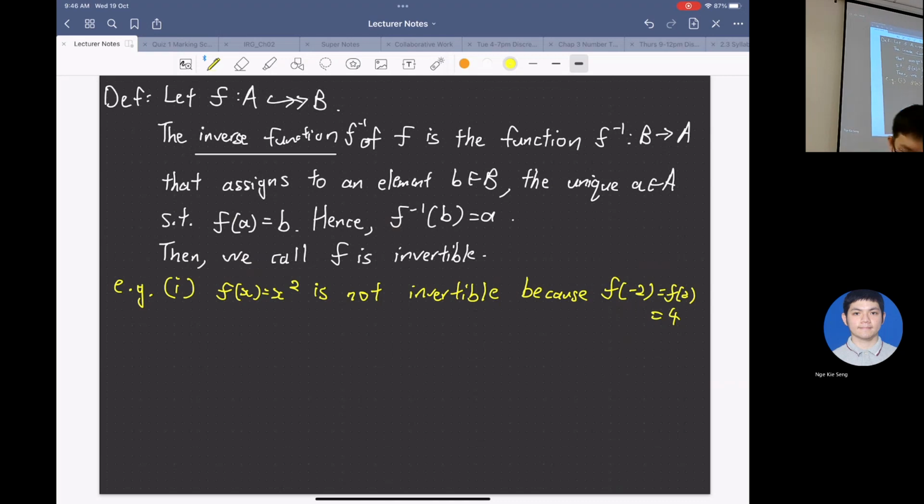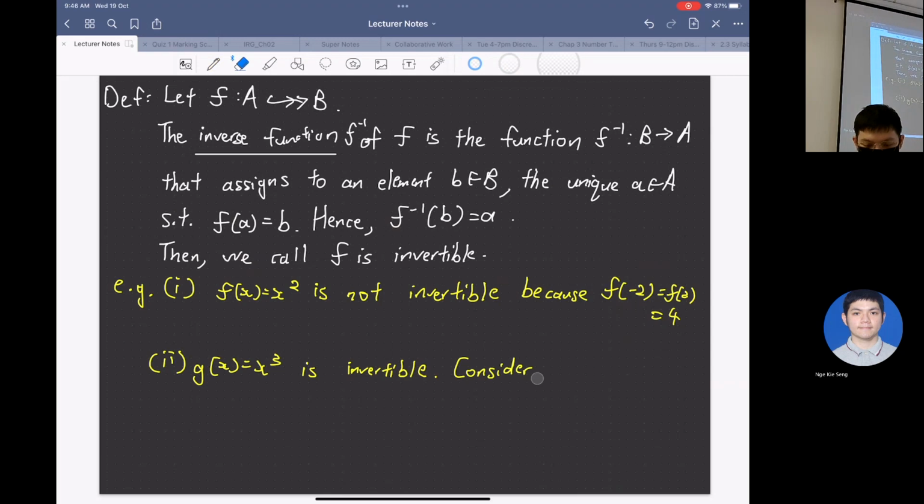Okay. But if we look at g(x) equal to x cube, it is invertible. Why? Because we can just take, like what we did just now, let's consider y.